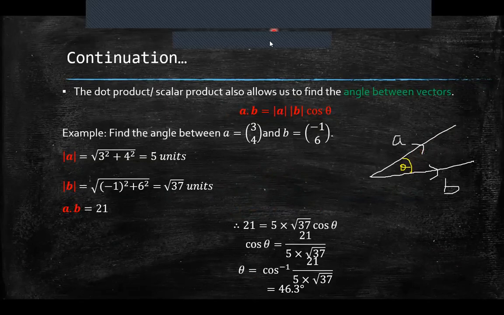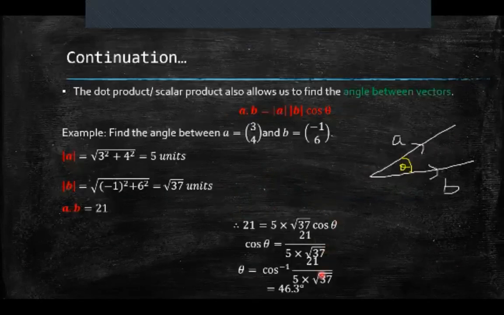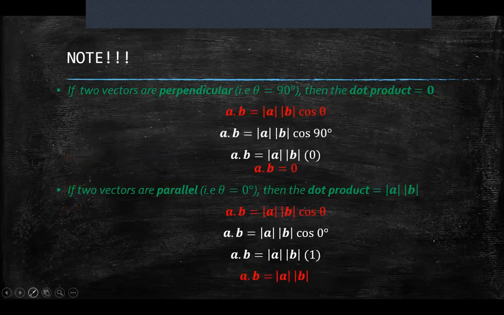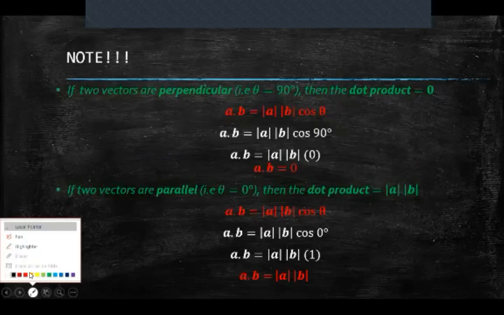The angle between these two vectors is obviously not 90 degrees. So I apply my formula and I got theta is 46.3. That's not 90 degrees, right? But perpendicular vectors, perpendicular means a right angle, which means 90 degrees.